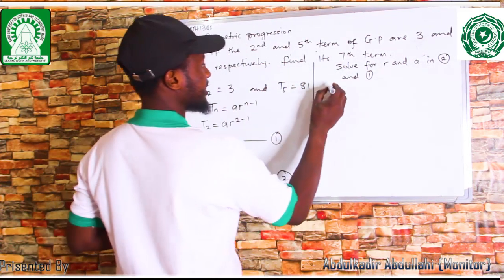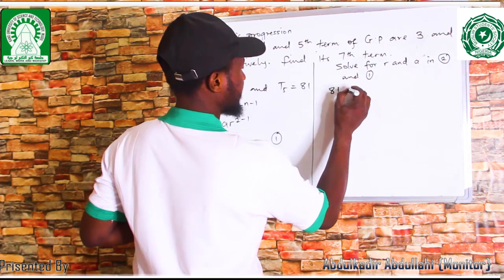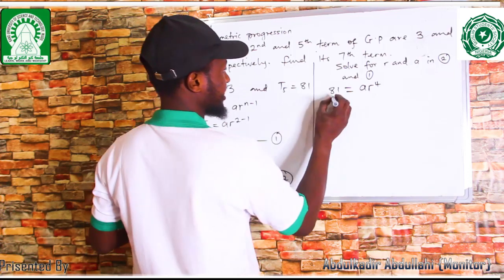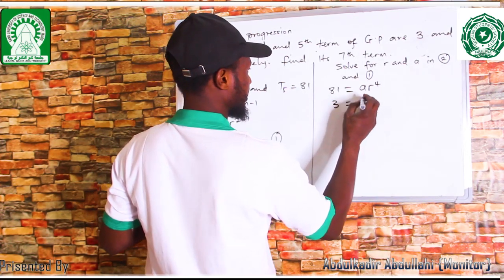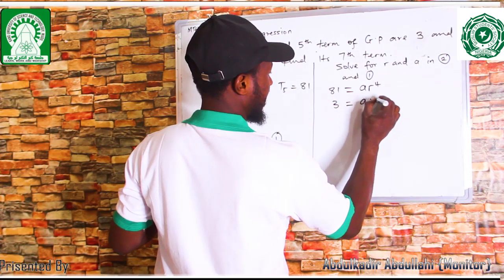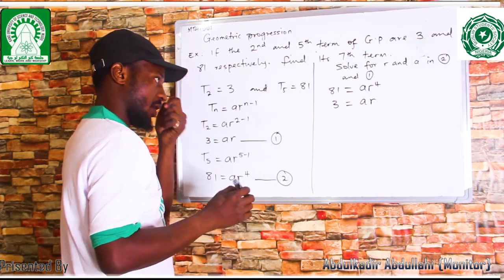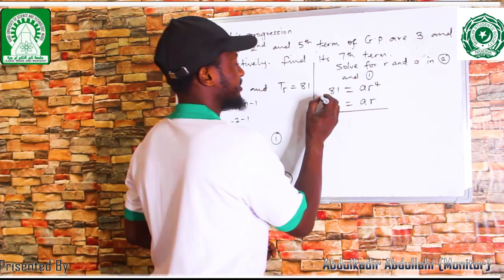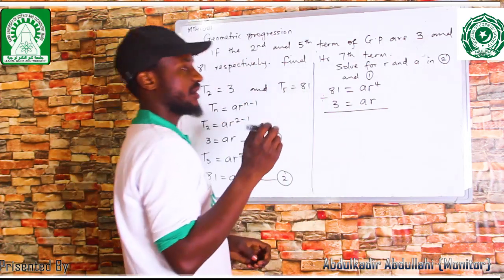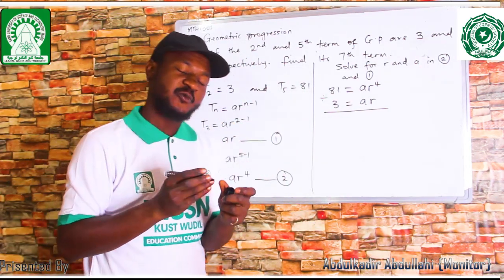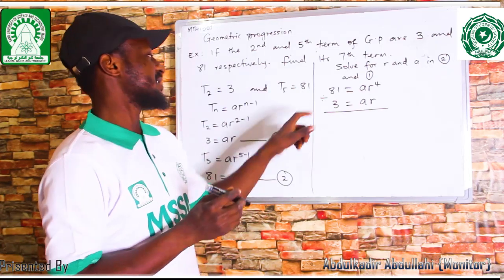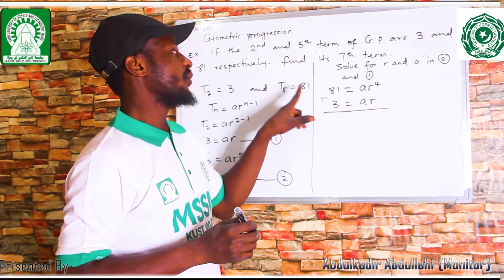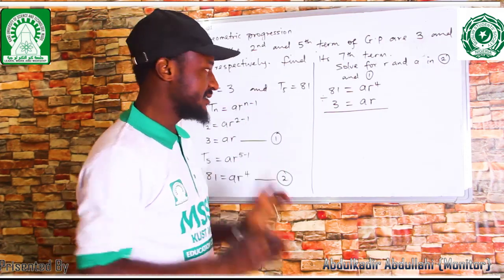Our equation 2 says 81 is equal to A R^4. Our equation 1 says 3 is equal to A R. In this case we are going to divide, but if you recall, in the case of arithmetic progression, what we normally do is subtract. In the case of this one, we are going to divide.